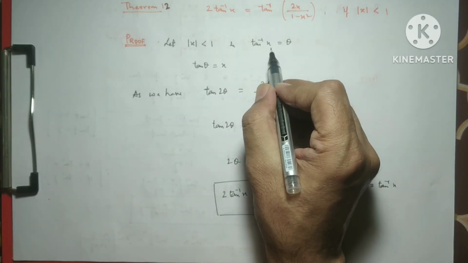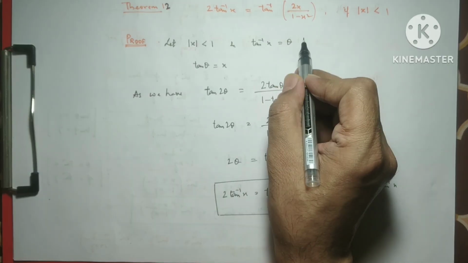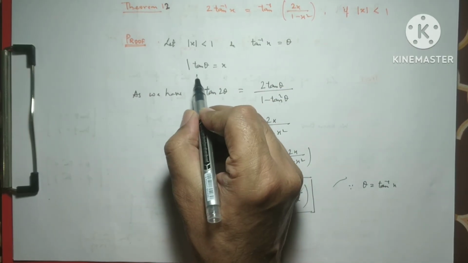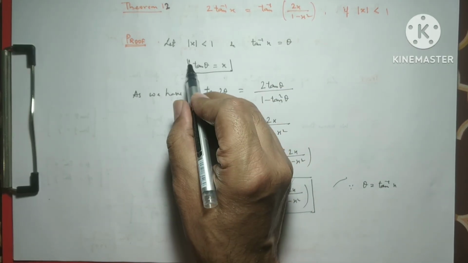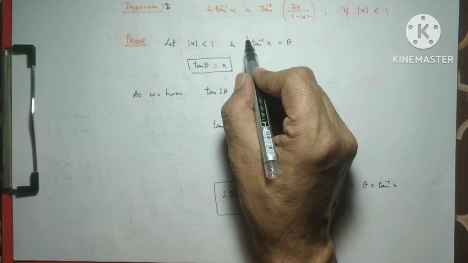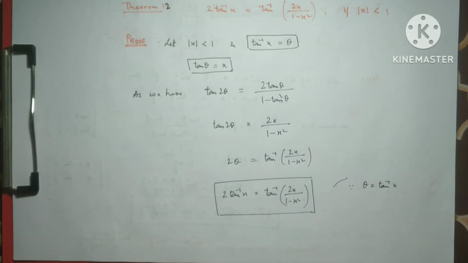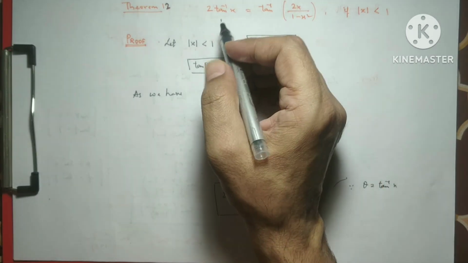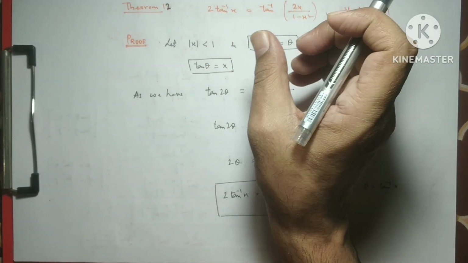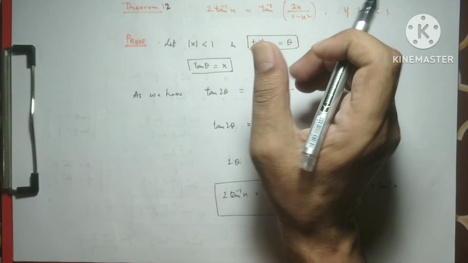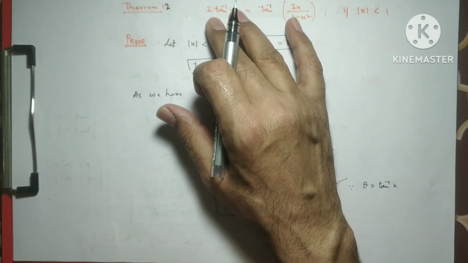So if tan inverse x is theta, then x is tan theta. Right now we have this information, and we extract the formula which we will use for proving this expression.